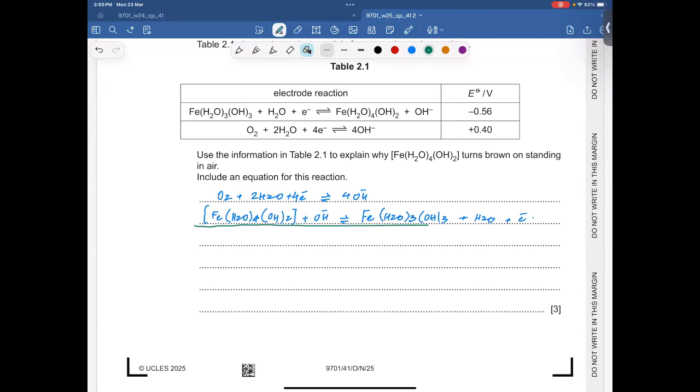them out. And for that, we will multiply this equation by 4. As soon as the number of electrons are balanced, they will cancel out with each other. And obviously these 2 moles of water are going to cancel out with 4 moles of water. These 4 OH negative ions cancel out with 4 OH negative ions.